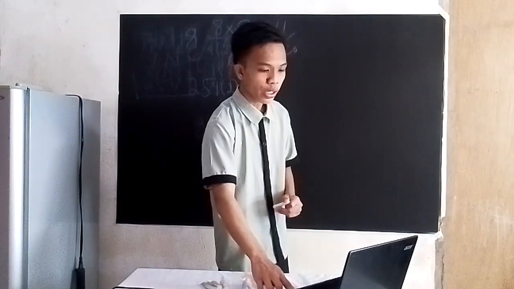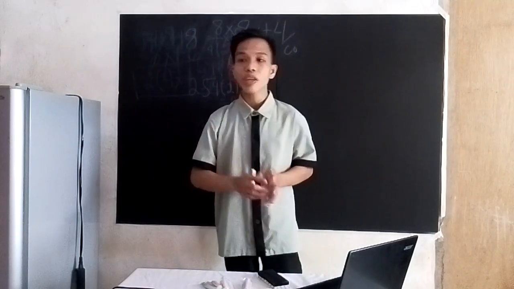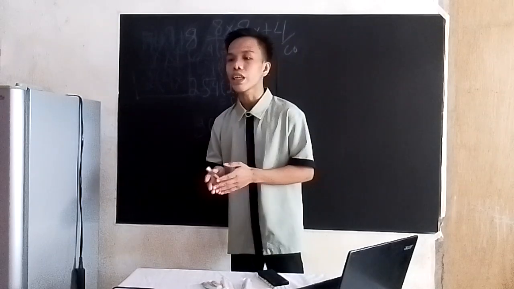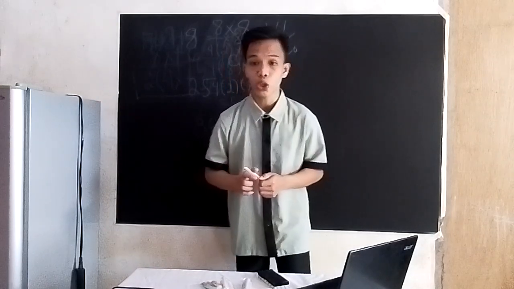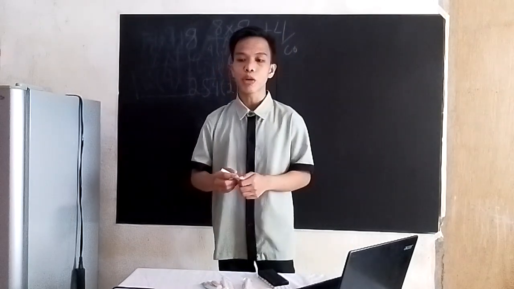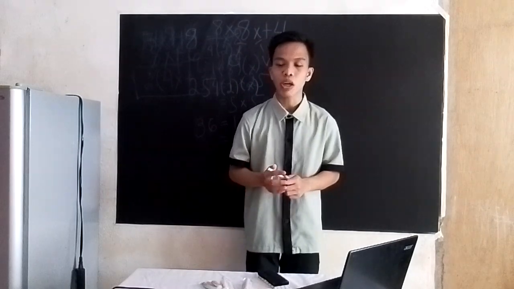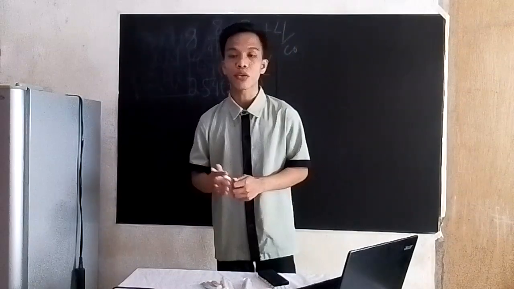In factoring polynomials, we are just going to find the multiplicand and the multiplier of an expression. In factoring polynomials, we have four different types, and that is what we are going to discuss today.